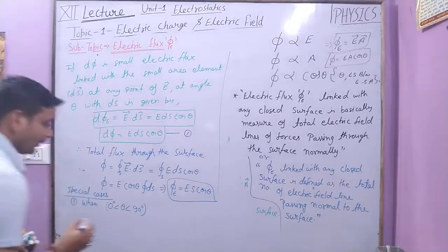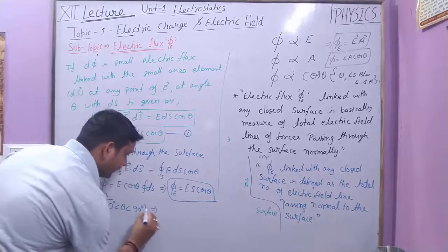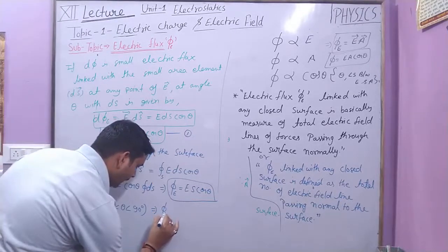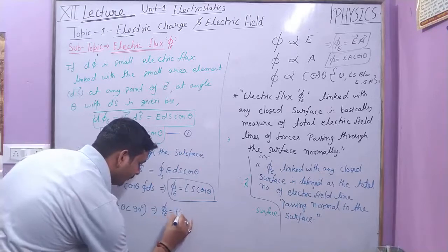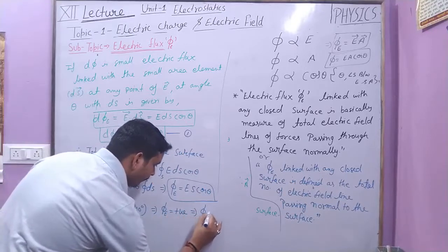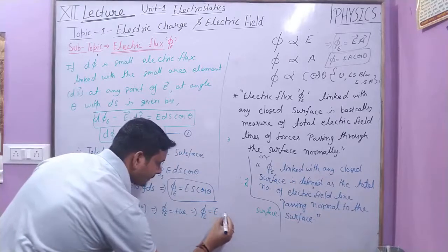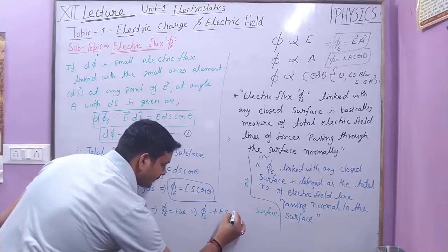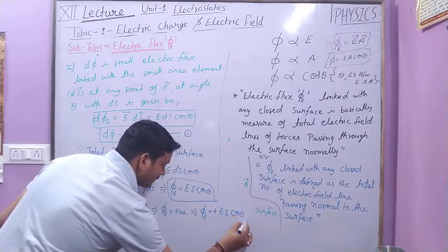Okay, that is, we get for this phi E positive, which is equal to Es cos theta.